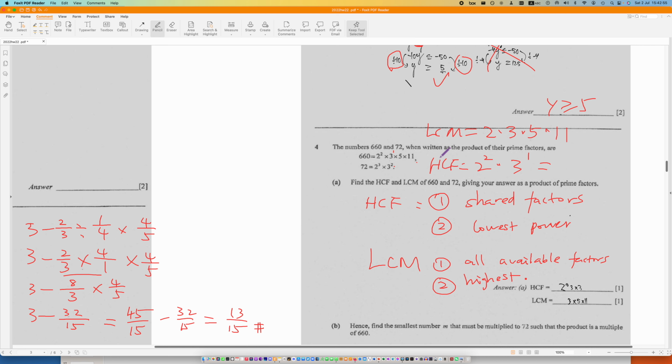Okay, good. Highest power between 2 and 3? 3. Between 1 and 2? 2. Only 1. So this is the LCM.